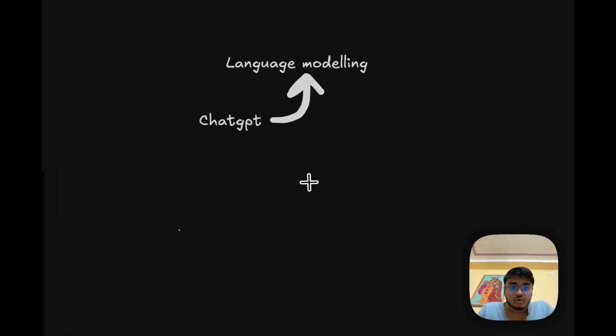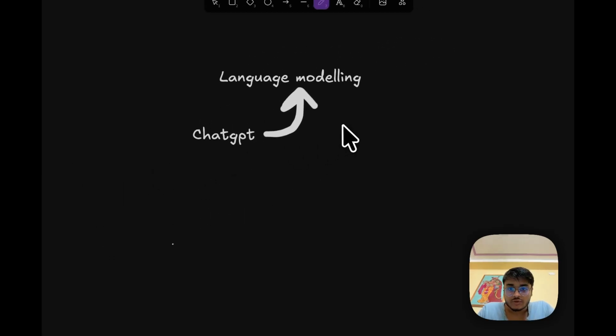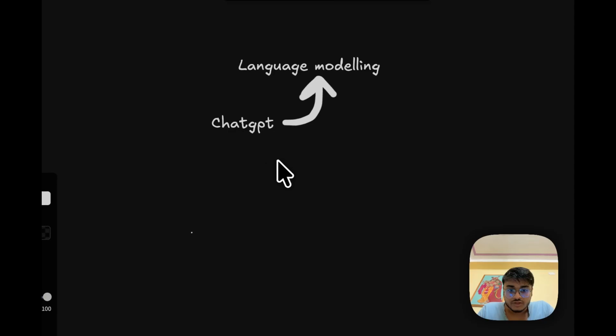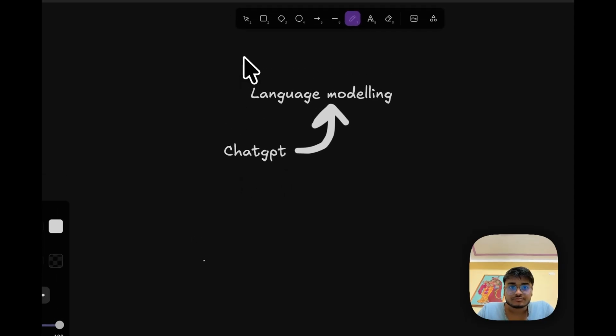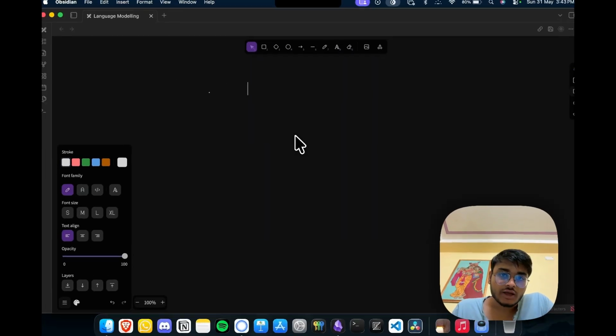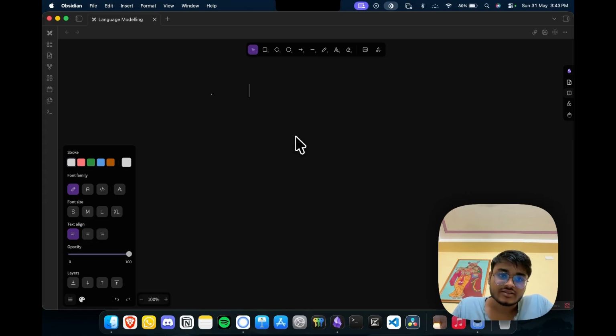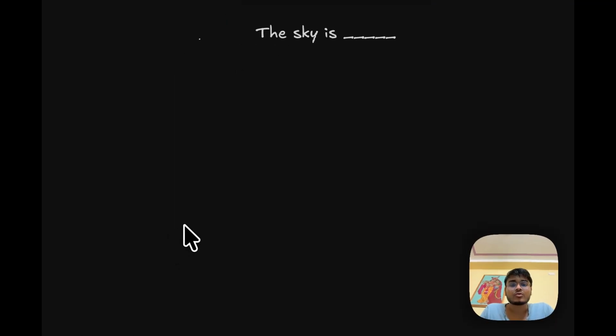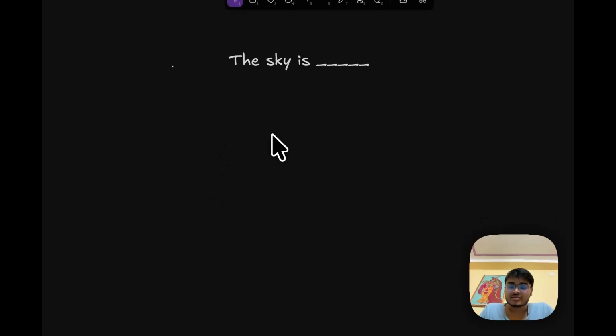So what does language modeling refer to? Language modeling refers to the prediction idea. What do we mean by that? Let's assume a sentence: "the sky is dash."